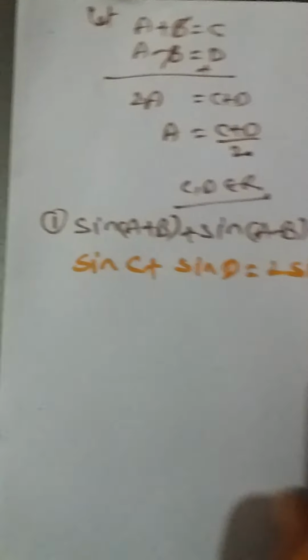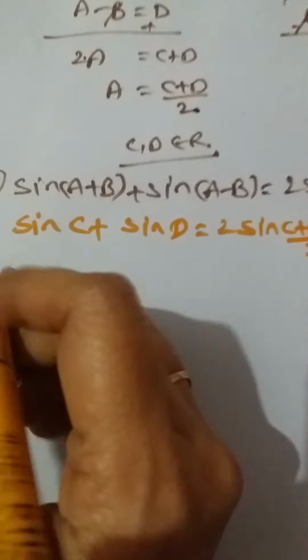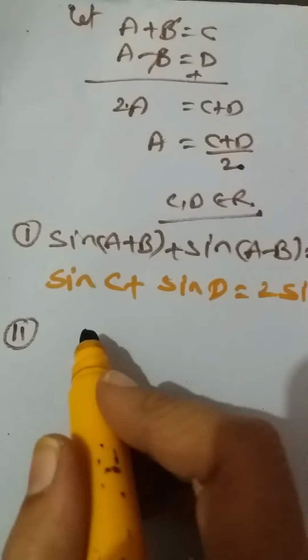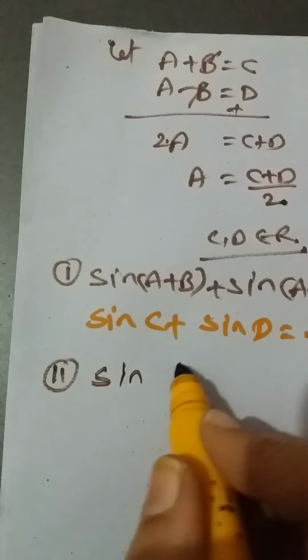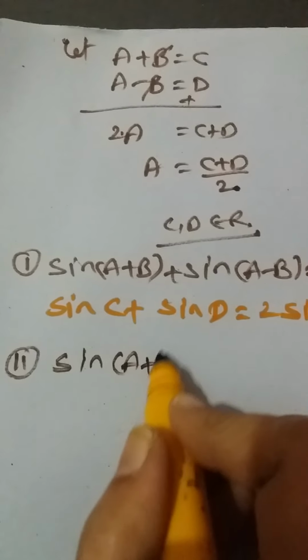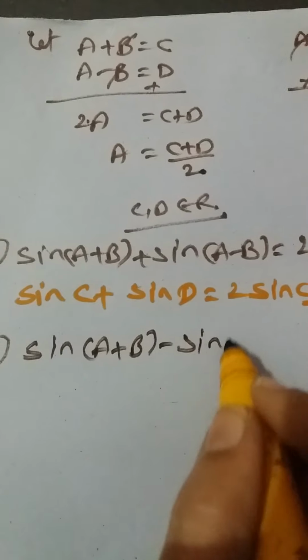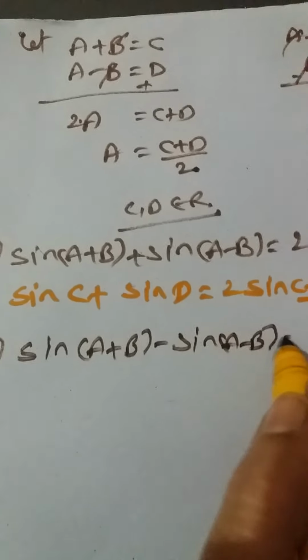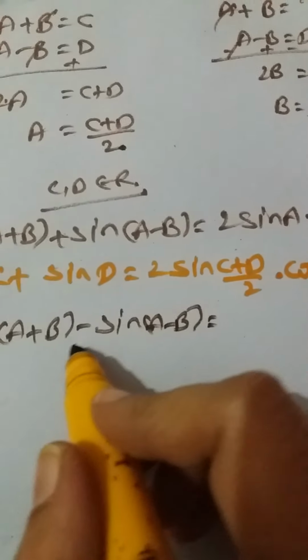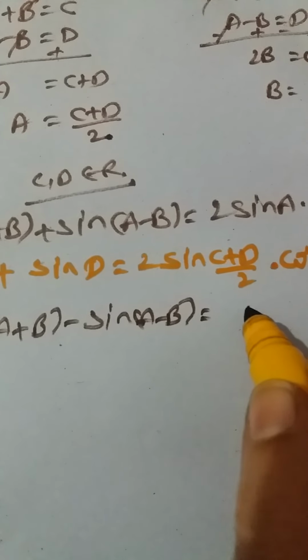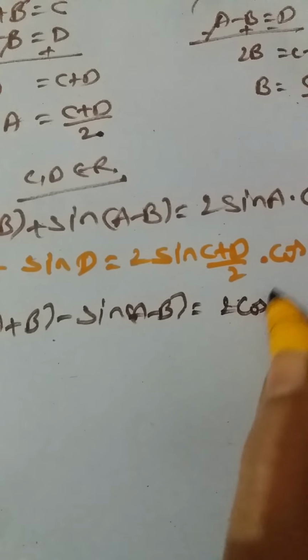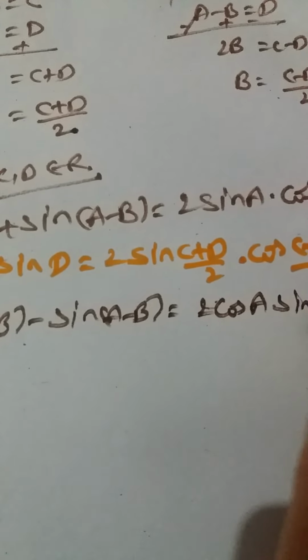Are you following? Now let us go to the second formula: sin(a+b) - sin(a-b) = 2 cos a sin b.